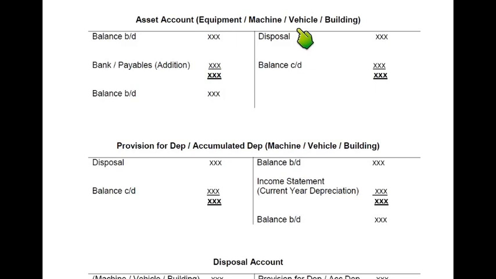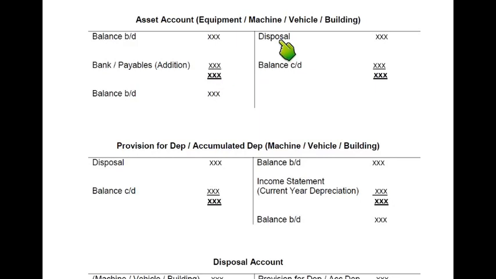If we have bought a non-current asset, we'll be adding it, and if we have sold a non-current asset, we'll be deducting it and transferring it to the disposal account. We will be discussing disposal entries very soon. The opening balance is on the debit side. If we buy a non-current asset, we'll be debiting it again, increasing it.